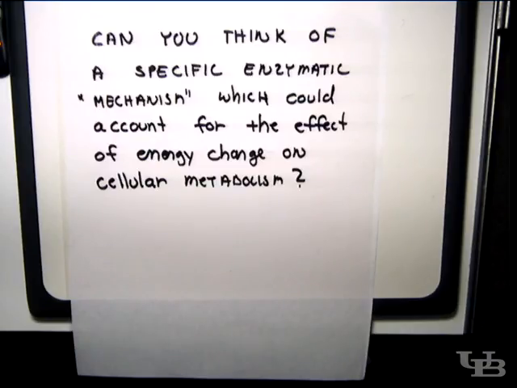Enzymes can be inhibited in different ways. But you see, I'm asking, enzyme inhibition is the answer, but you could have mixed, you could have competitive, you could have allosteric. No, I mean, non-competitive.